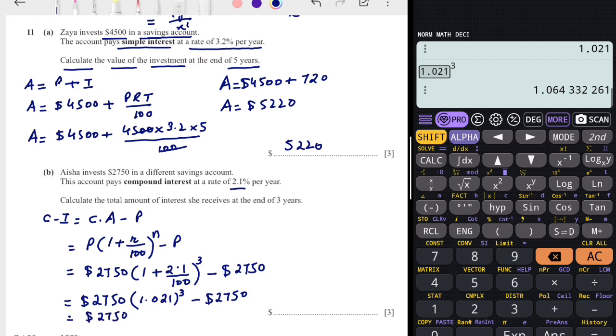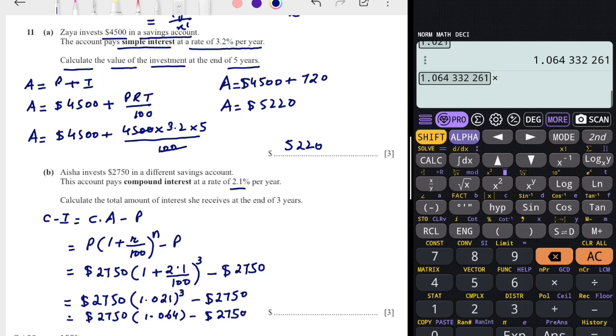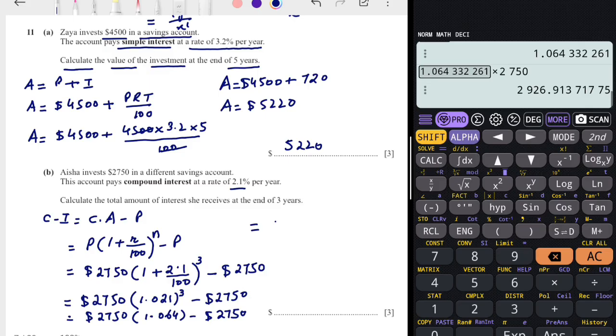So $2750 multiplied by 1.064 minus $2750. So we'll multiply 1.064 by 2750, which is equal to 2926.91 minus $2750.